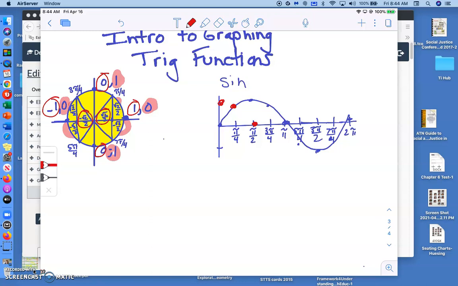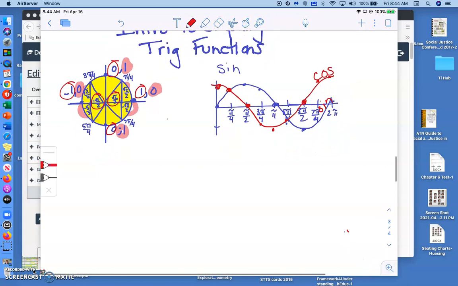So 3 pi over 4, it's negative root 2 over 2. Pi, it's negative 1. 3 pi over 2, it's at 0. 7 pi over 4, positive root 2 over 2, and then positive 1. So we have our cosine curve. So we have our cosine and our sine. And again, if we kept going around, this wave would continue. So we said it was this periodic function.